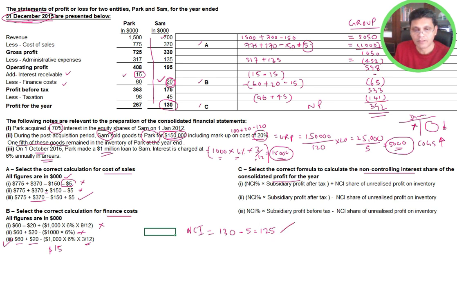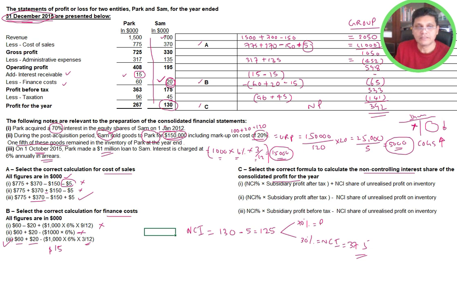Of this we need to take 70% and 30% for the non-controlling interest. So this goes to Park, this goes to the non-controlling interest. So when you take 125 times 30%, how much will that be? 37.5. Okay.